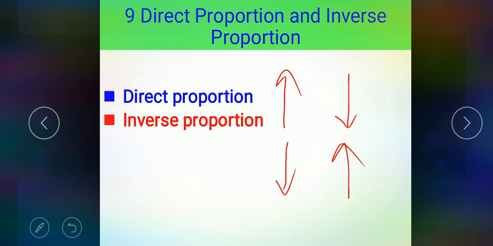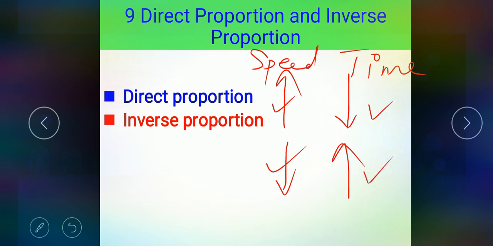Time will increase. See here, we have two things: one is speed, and the other is time. When speed is more, the time is less. When speed is less, the time is more. When I increase the speed, the time taken for the journey decreases.